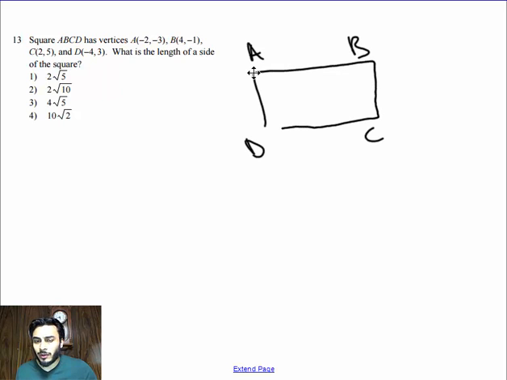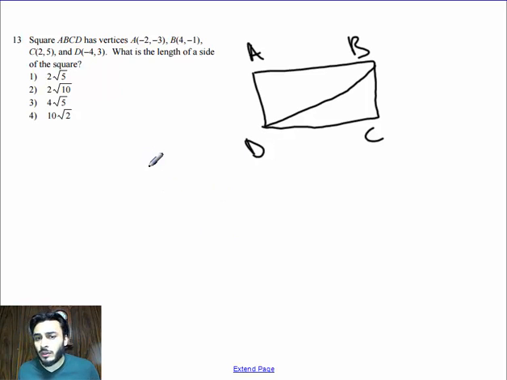I know that doesn't look like a square, and I know that it's not on a graph. It's not necessary. The only reason why I'm doing this is because I want to show you that if you're going to find the length of a side, it could be any of these 4 sides, AB, BC, CD, and AD. Make sure you don't make the mistake of finding the length of a diagonal.